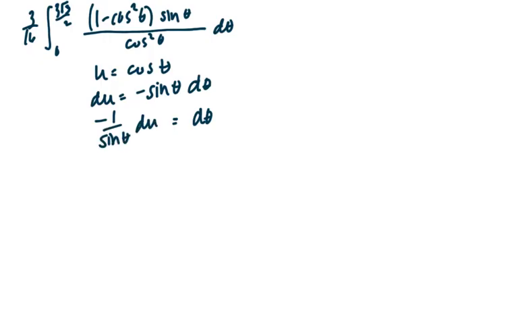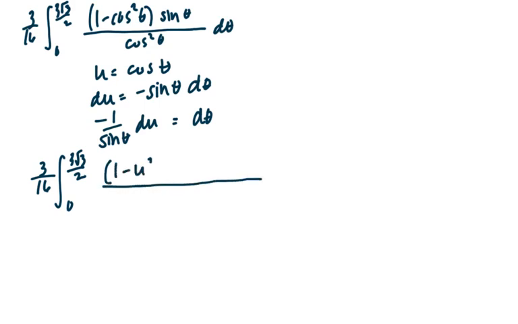So we have 3 over 16, the integration from 0 to 3 square root of 3 over 2. So our numerator is 1 minus u squared times sine theta, and the denominator is u squared. And then our d theta is negative 1 over sine theta du.